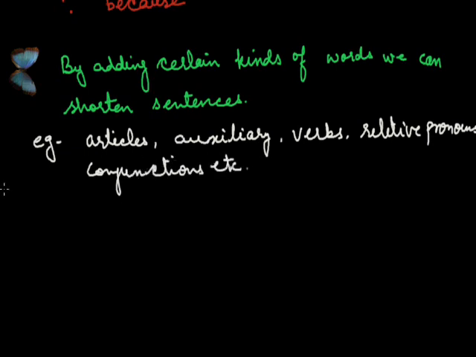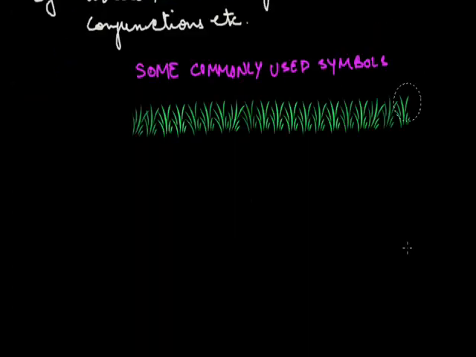Now we'll talk about some commonly used symbols. First is W, which means with.